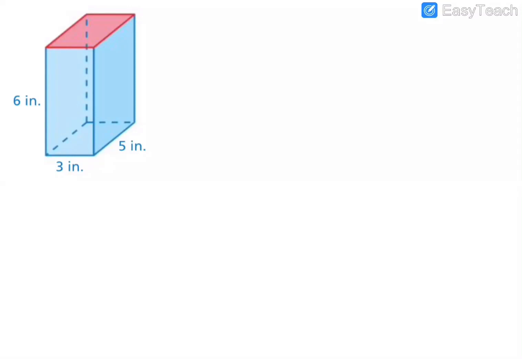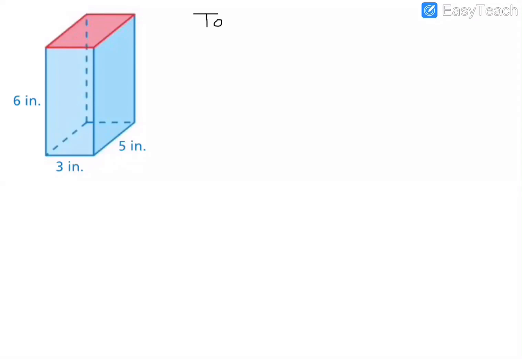Just know there are 6 shapes that make this rectangular prism. So that means you're going to have 6 areas. And the way that I taught my 6th graders when we were talking about surface area is there's always a top, a bottom, 2 sides, a front, and a back. Okay, so that's 6. So let's do it that way.